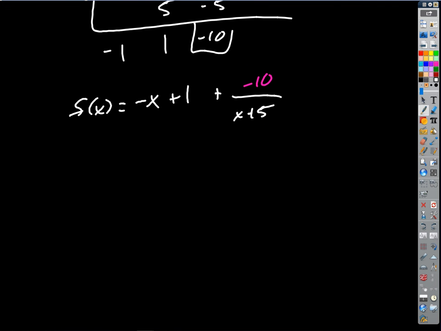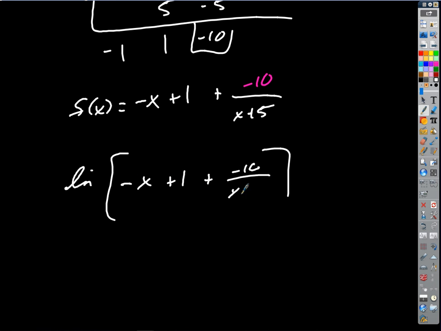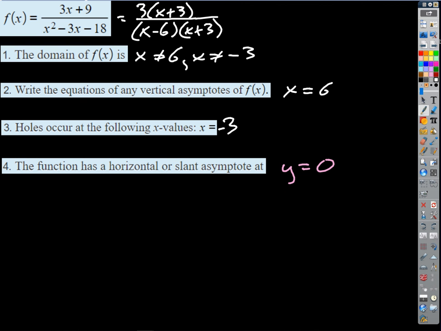And if I take the limit of this whole thing as x goes to plus or minus infinity, as x gets really big, what happens to that fraction? It goes to 0, isn't it? And it goes to 0 for the same reason that we got 0 for our horizontal asymptote here, because the bottom is bigger than the top, okay?